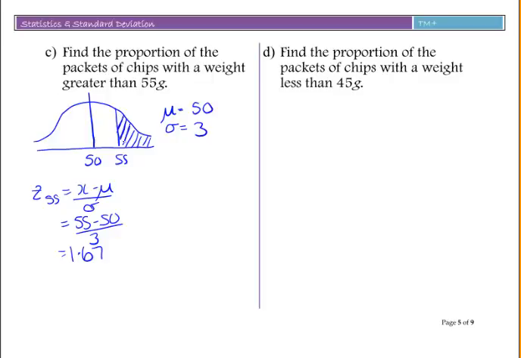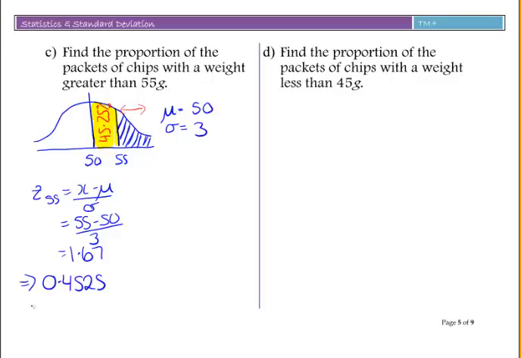Now I want all this area here. So let's look at our table for 1.67 as our Z score, and we get a proportion of 0.4525. But that's the area in here. This area here is 45.25%. Okay, I want this area.